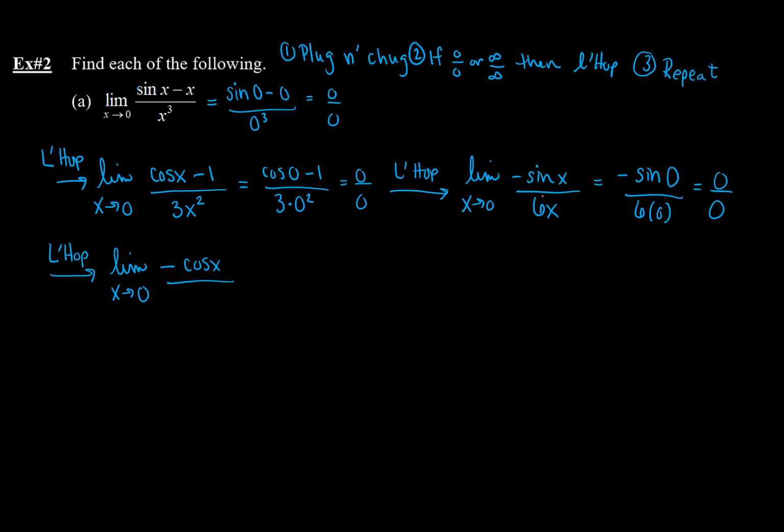And then the derivative of 6x is just 6. And now I can plug in my 0 again. So I'm going to have negative 1 over 6. And mind you, my plug and chug finally yielded a result, so that's my answer.